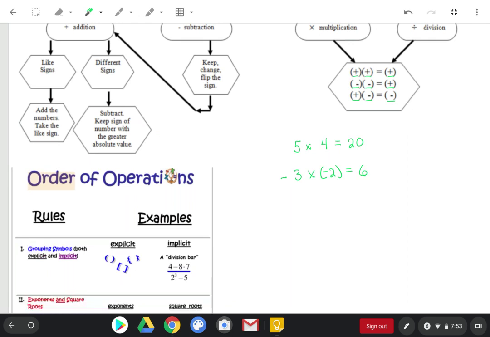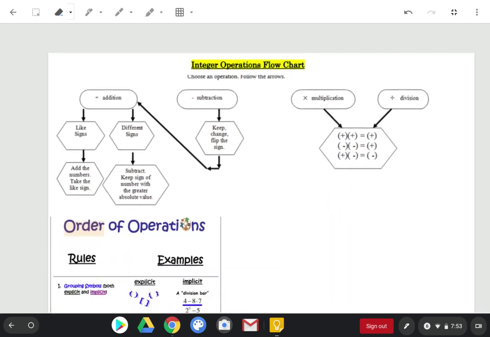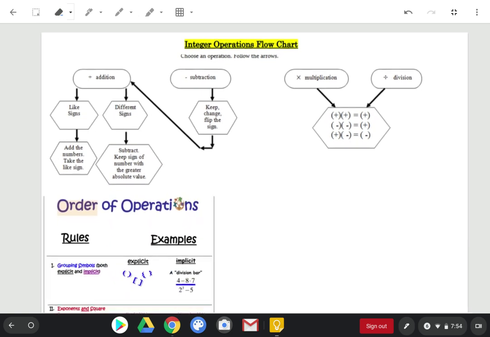If I had positive 8 times negative 1, remember, a positive times a negative is a negative, so my answer would be negative 8. Okay, so as we're evaluating our algebraic expressions, I need you to remember and to use your integer rules. It's very important.